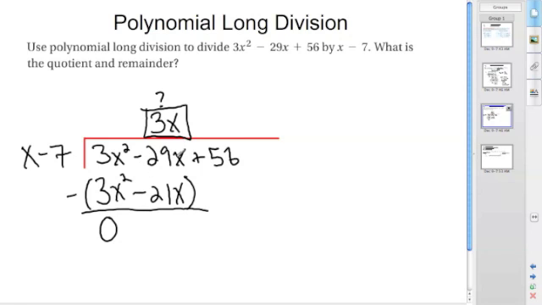And we have negative 29 plus 21, which will give us negative 8x. Drop down the 56. Now we have negative 8x. What times x gives us negative 8x? It will be negative 8.